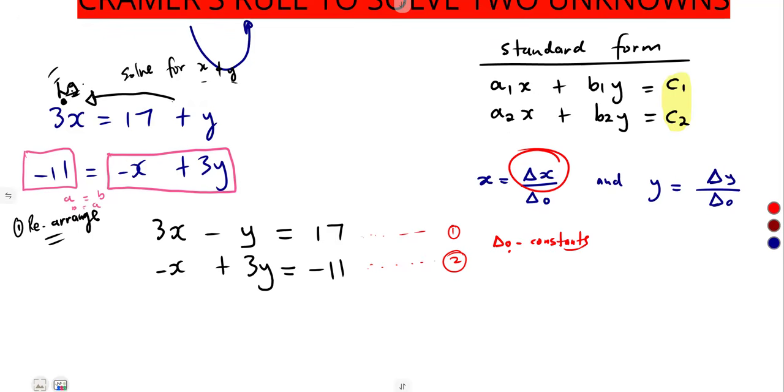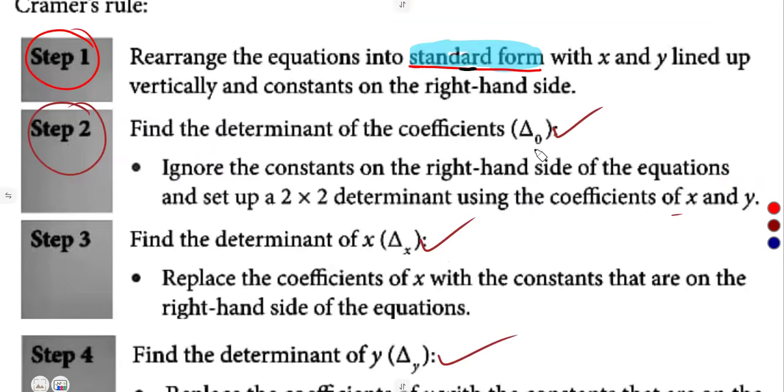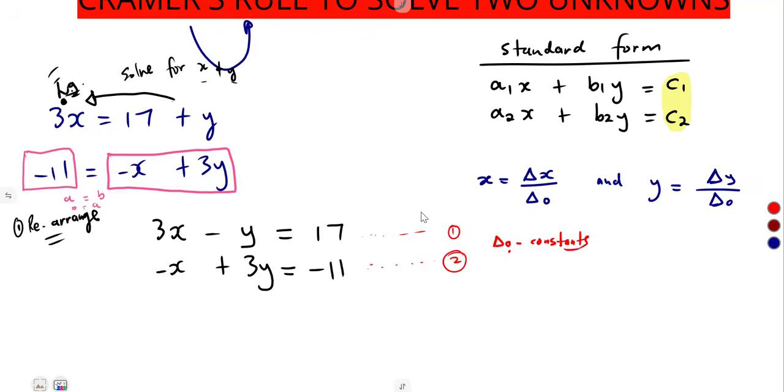The constants, as we had before. So this is what they are saying. Work out those determinants separately. Then use the formula at the end.